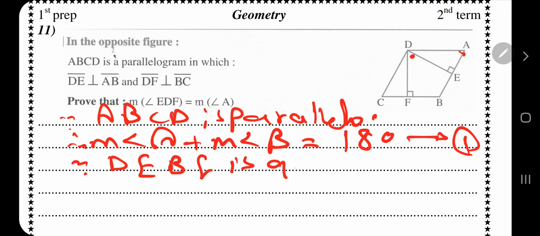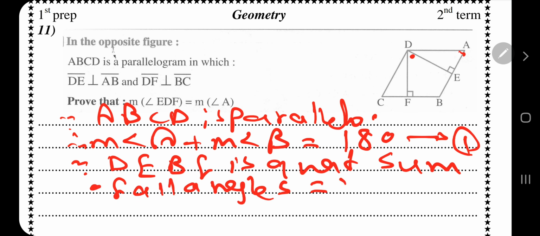Since DEBF is quadrilateral, sum of all angles equals 360.